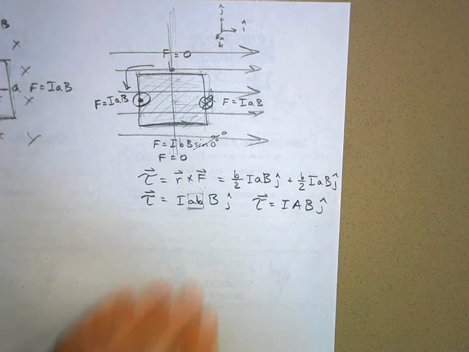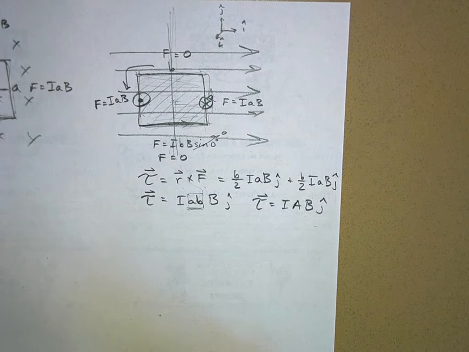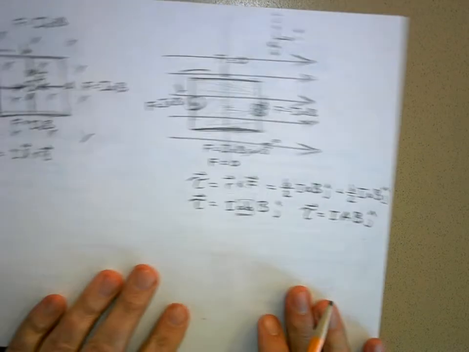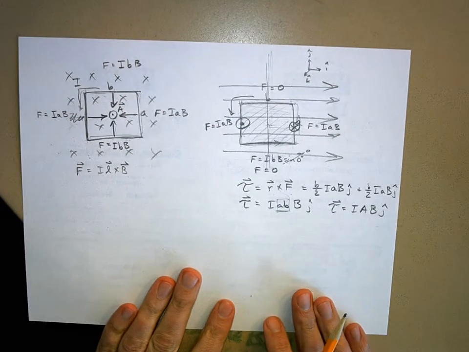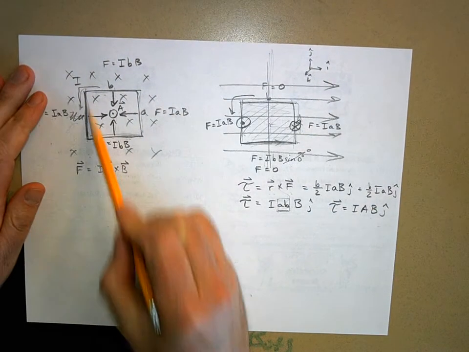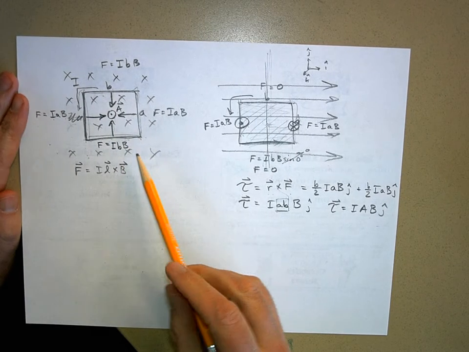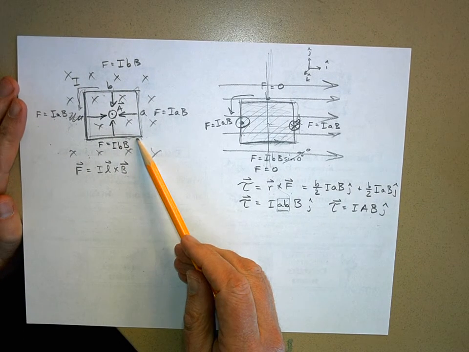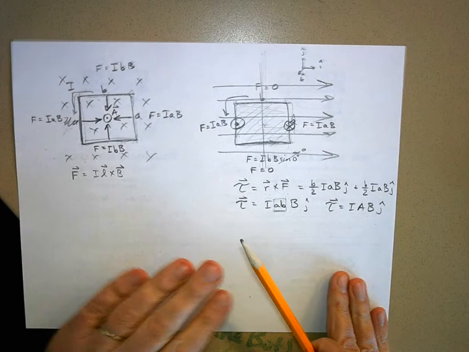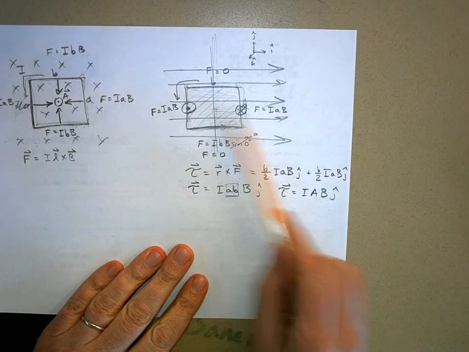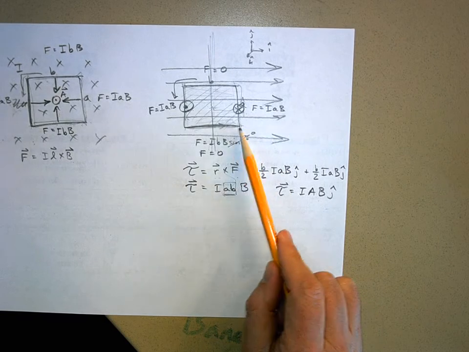Voila. Now, we have to get a little bit complicated because, look, over here, let me zoom all the way out. Over here, when the loop was oriented in this way compared to the magnetic field, we had no torque at all. And over here, when the loop is in the plane of the magnetic field like this, I got a lot of torque.